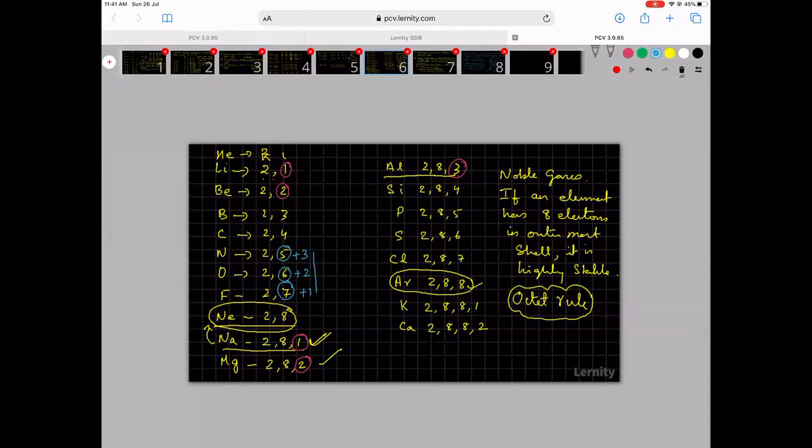Carbon can also take, can also give. Mostly takes, but it can also give.